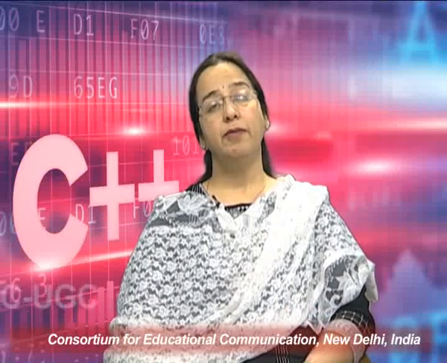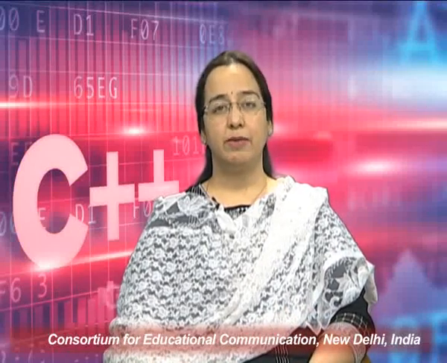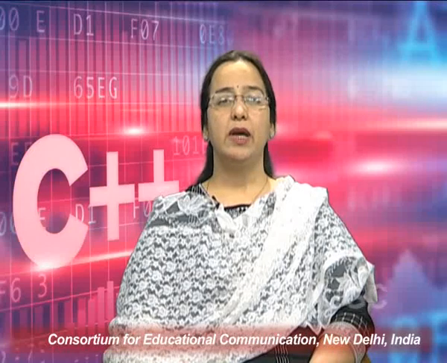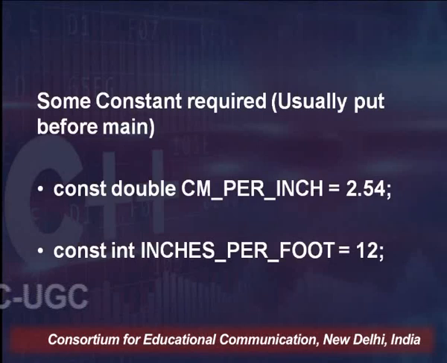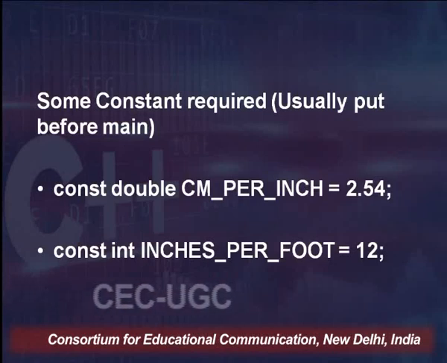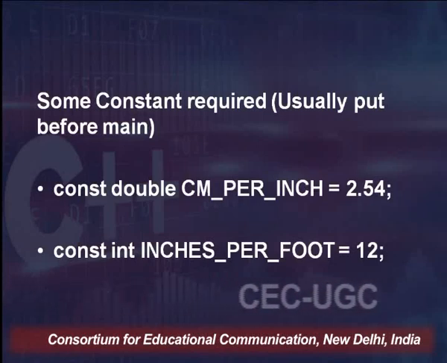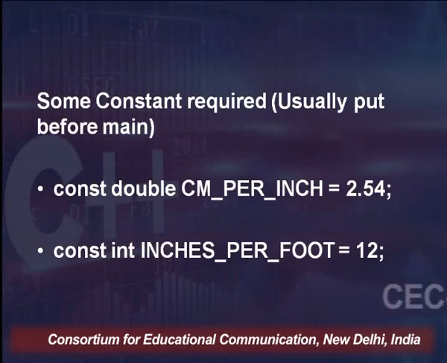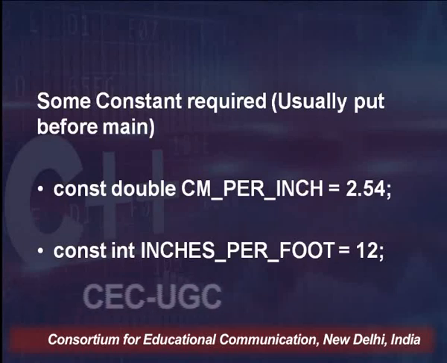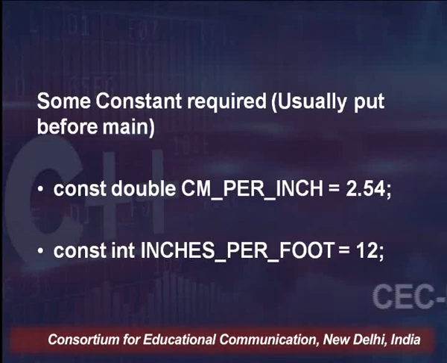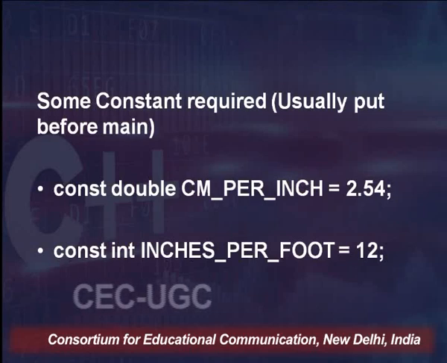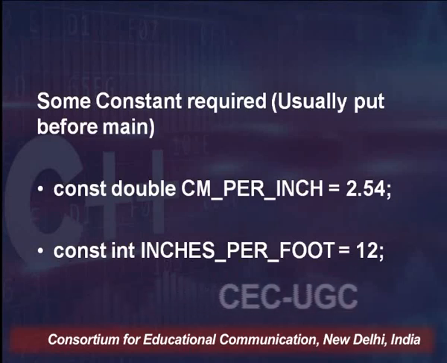But apart from that, we also need some constants, which we usually put before main, and here comes the idea of using the keyword const, which I have already told you about in our earlier lectures. So how are we going to use this const, a reserved word? Yes, const is a reserved word.